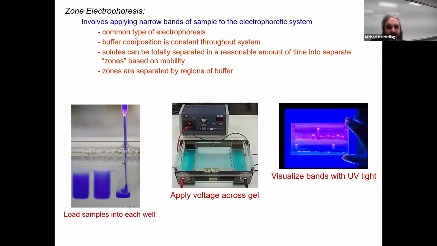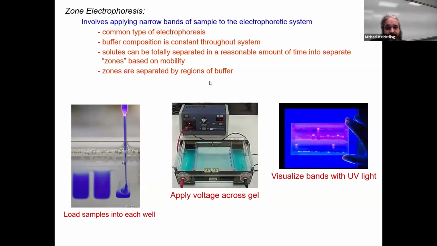Zone electrophoresis involves applying very narrow bands of sample to the electrophoretic system. A very common type of electrophoresis. You have a constant buffer composition throughout the system, and the solutes can be totally separated in a reasonable amount of time into separate zones based on their mobility.